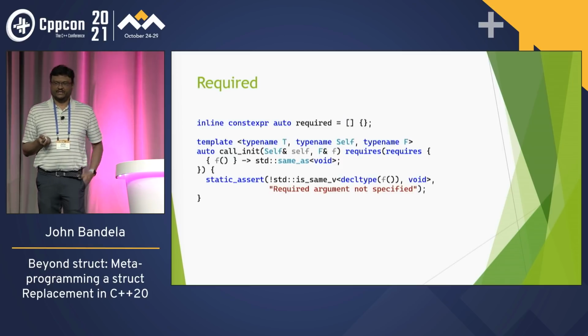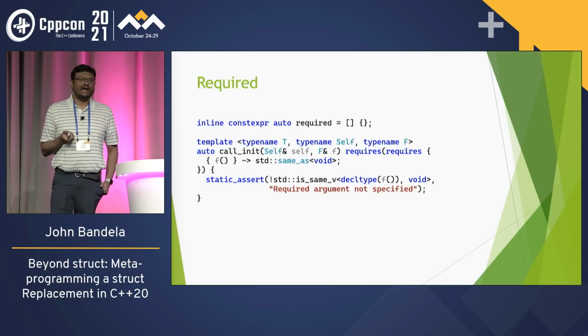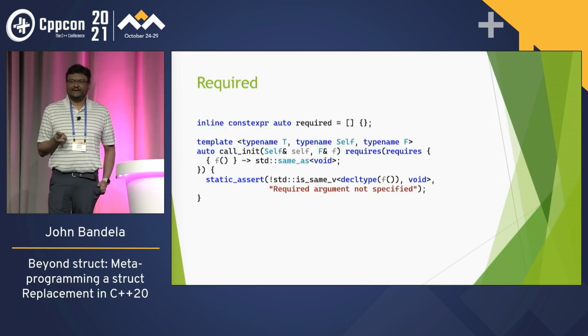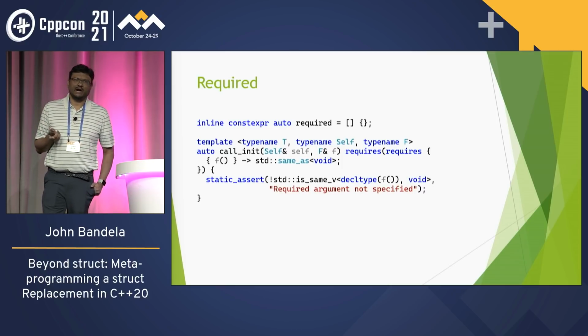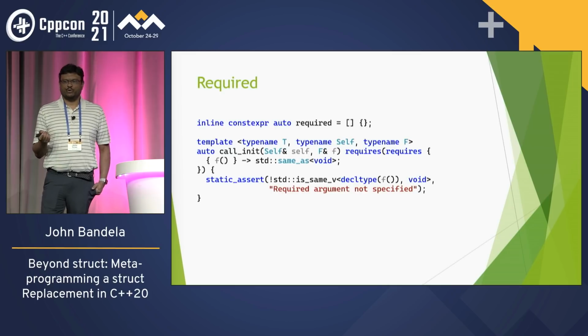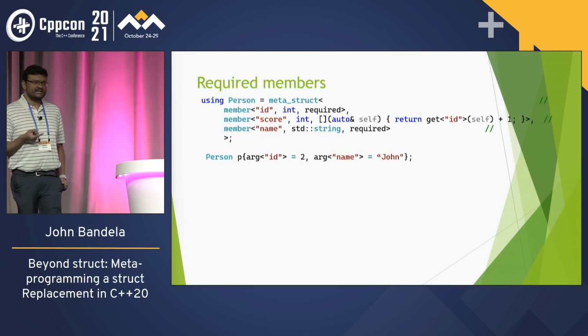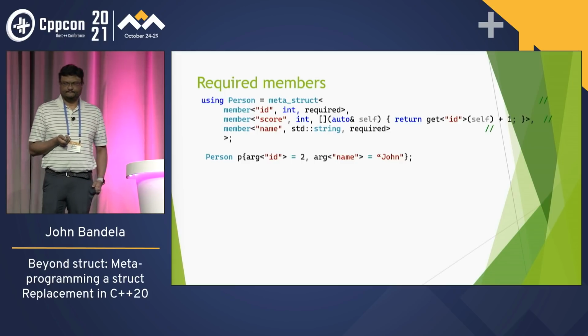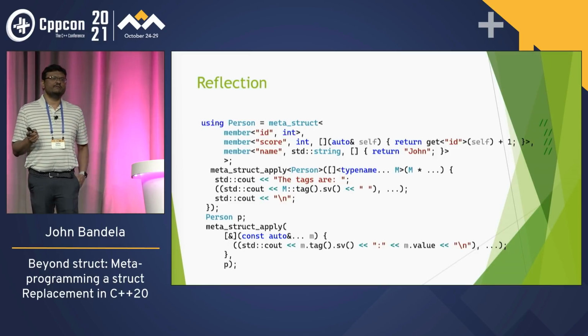So all we had to do for required is make it an empty lambda, something that returns void, and change our call init. So if it gets called with something that returns void, we can't do a static assert false, but we do an expression that says false and gives, hey, required argument not specified. So at compile time, we can say, you didn't specify an argument for ID. All right. Any questions so far?